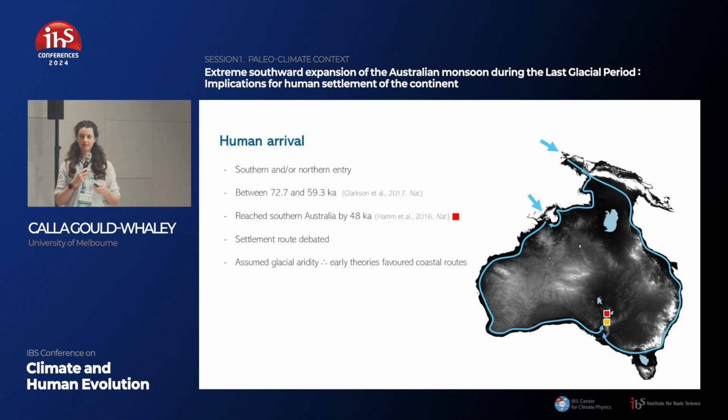As Renika was talking about yesterday, there's been this long-standing idea that Australia must have been more dry during the last glacial period than it is in the present, which led early theories to suggest that potentially Central Australia was a barrier to human movement, and people would have preferred to move along coastal routes before eventually moving inland. But as Renika was saying, there's actually some more evidence coming out to suggest that during glacials, the mid-latitudes of Australia could have been quite a lot wetter than they are today.